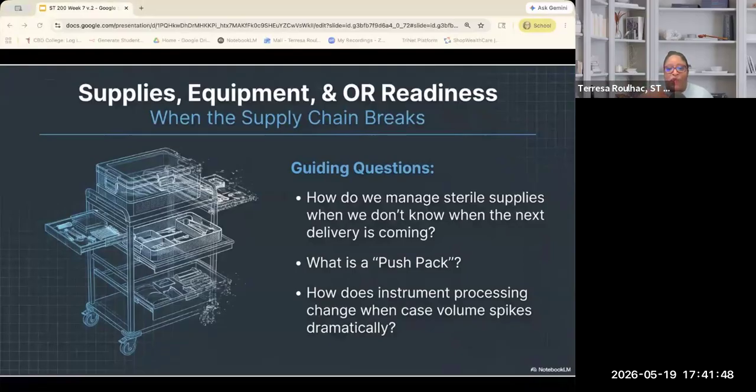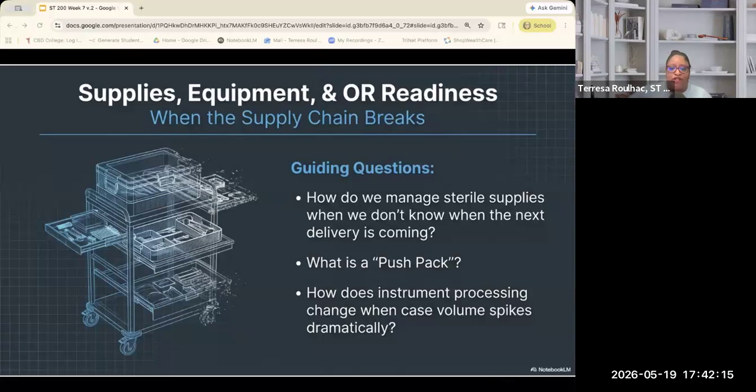We think that our instruments are going to be there. We can reorder. I'm not worried about it because the central processing department can turn over our instrument trays. And if not, we can call the vendor, and the vendor can deliver them to us. But disaster planning challenges those assumptions, right?